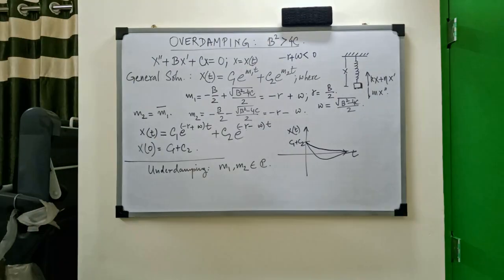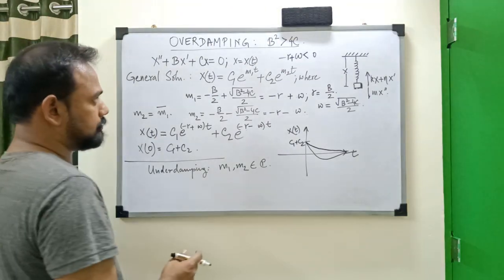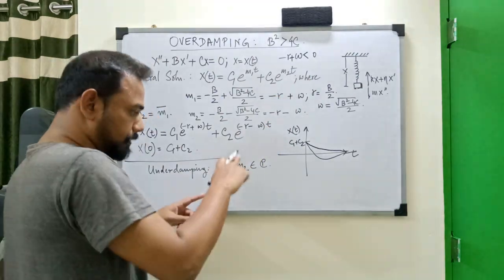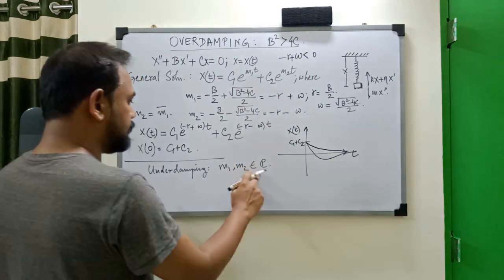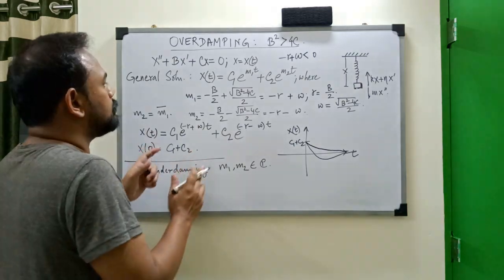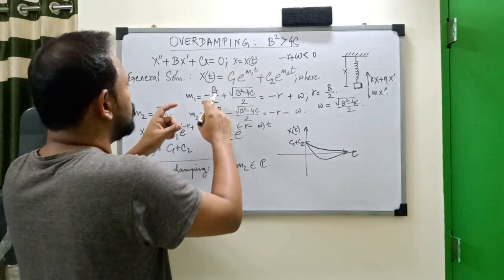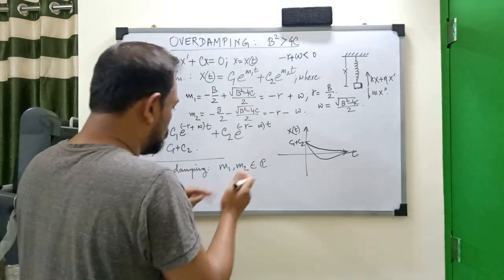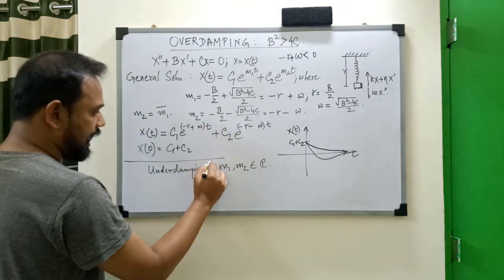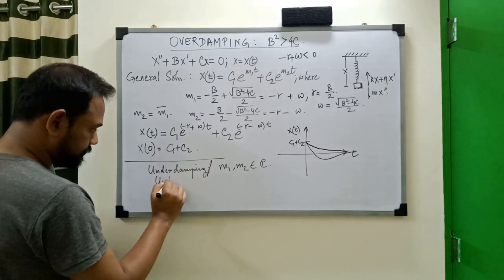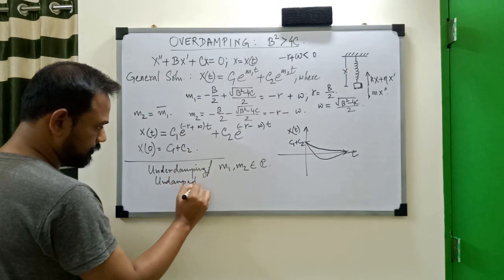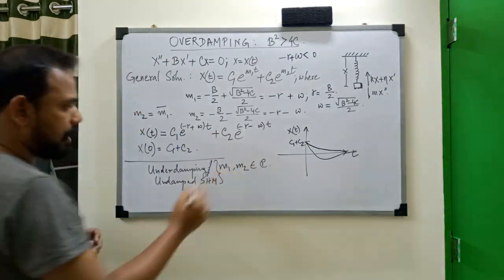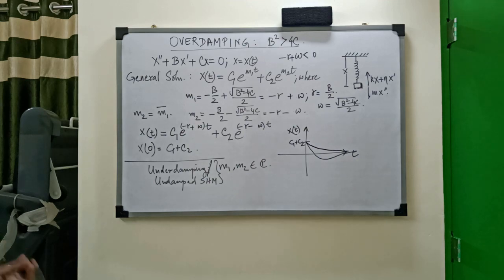Also in the case of undamped, b squared was 0. So that was simple harmonic. So b was 0 means the real terms were 0, so m1 and m2 were again complex. So in the case of underdamping and undamped SHM, in these two cases, m1 and m2 were both complex numbers.